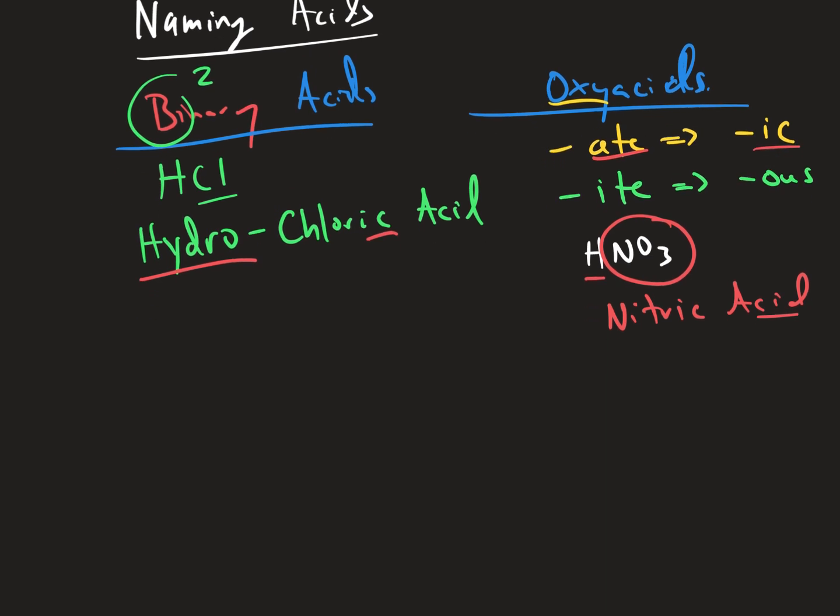What is the chemical formula for sulfuric acid? H plus, because it has a hydrogen, right? And sulfuric means it's an ATE, right? So it's sulfate, SO4 2 minus. Now cross the charges.